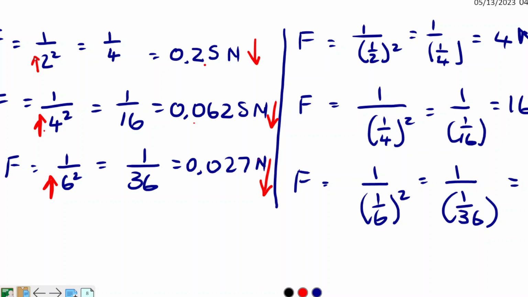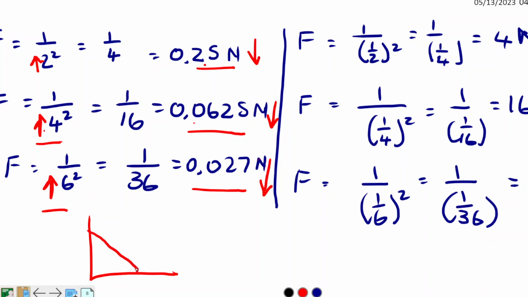So when you increase the distance, the force is decreasing. This is what we said previously: when the distance increases, the force decreases.